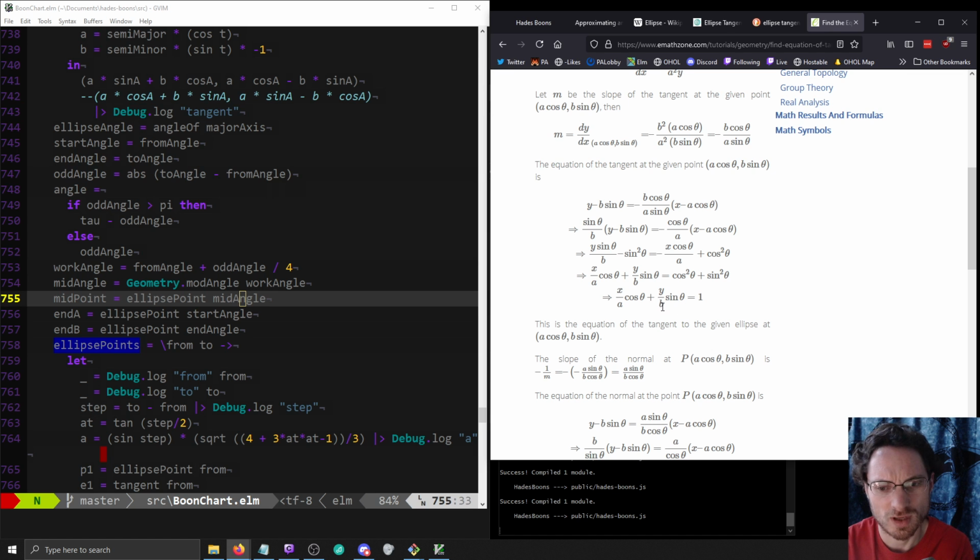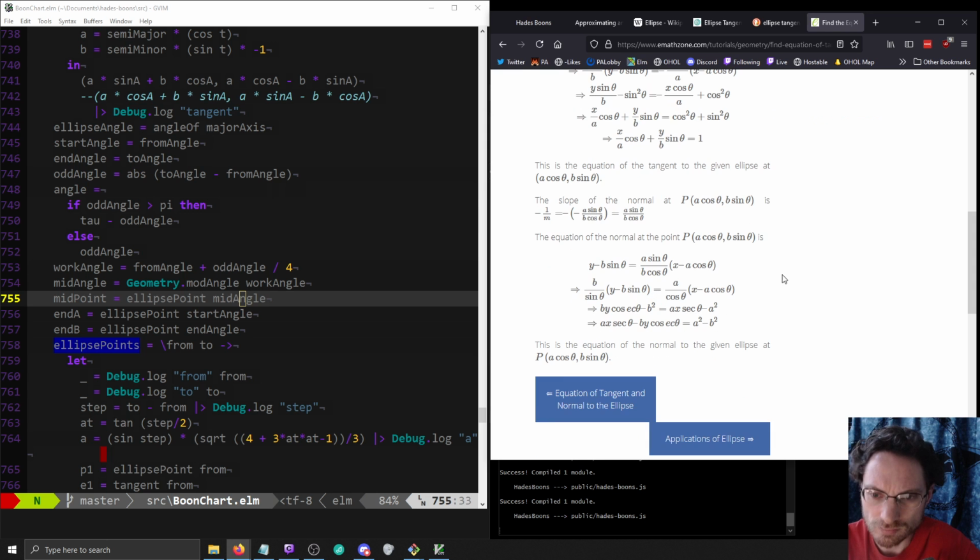So I have that, I have that, I have that, I have that. I need the x and the y. The slope of the normal. So how do we get from slope to the equation of the normal?